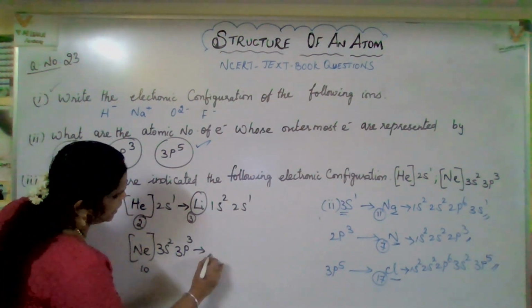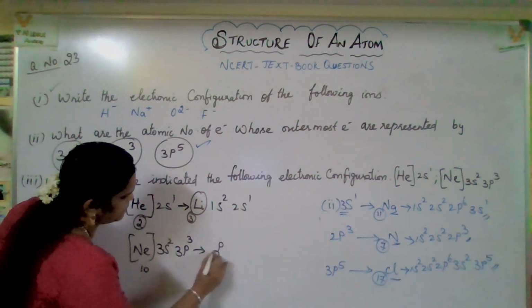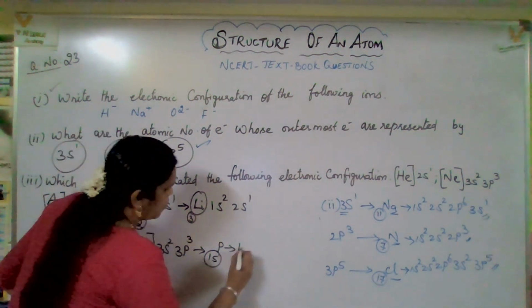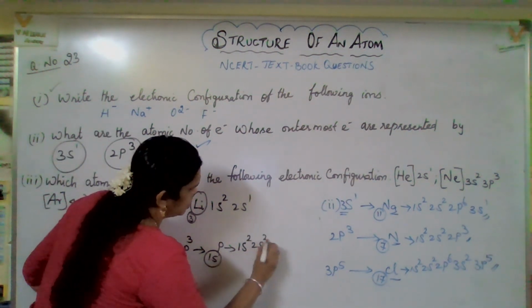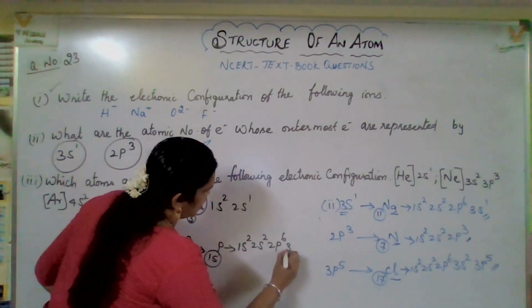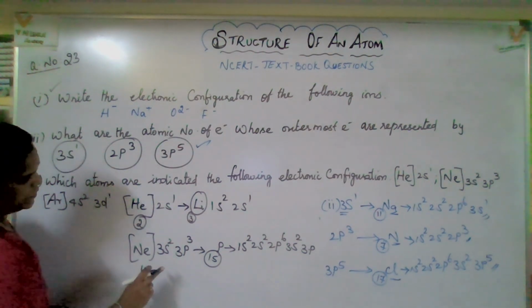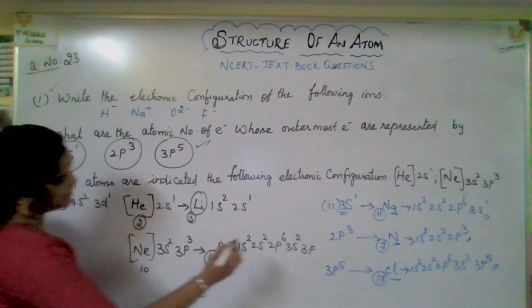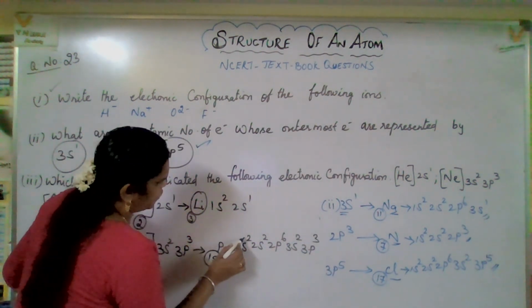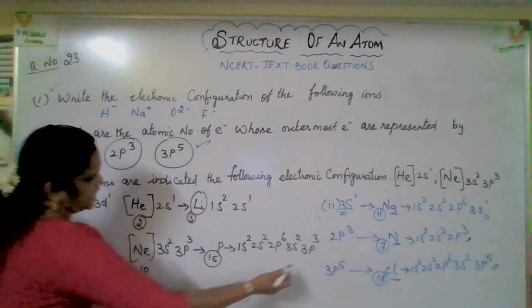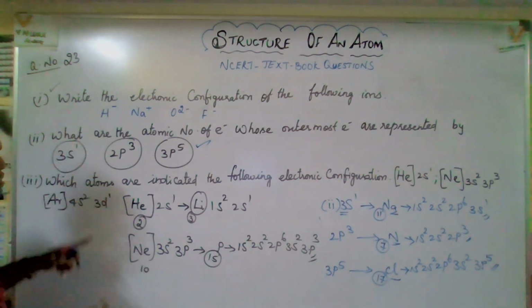So that means 15 electrons means phosphorus, it's 15 electrons. In that way you can count. Okay, that means 1s2, 2s2, 2p6, 3s2, 3p3. Yes. So 2 plus 2, 4, 4 plus 6, 10, 10 plus 5, 15. Yes, we got it, 15 electrons phosphorus.